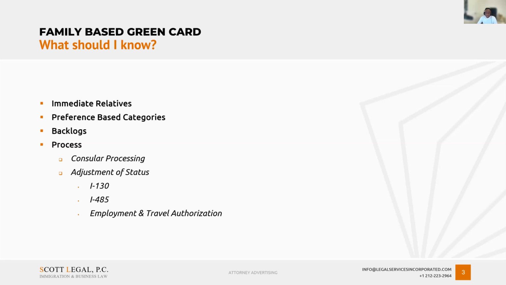And there are lots of other ways as well. You might have a U.S. citizen sibling where an application was filed some time ago, and then the category became current, and then you're able to file for the green card.